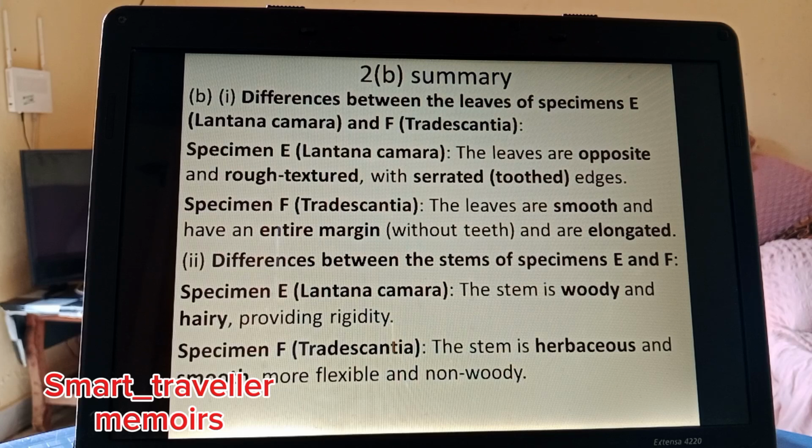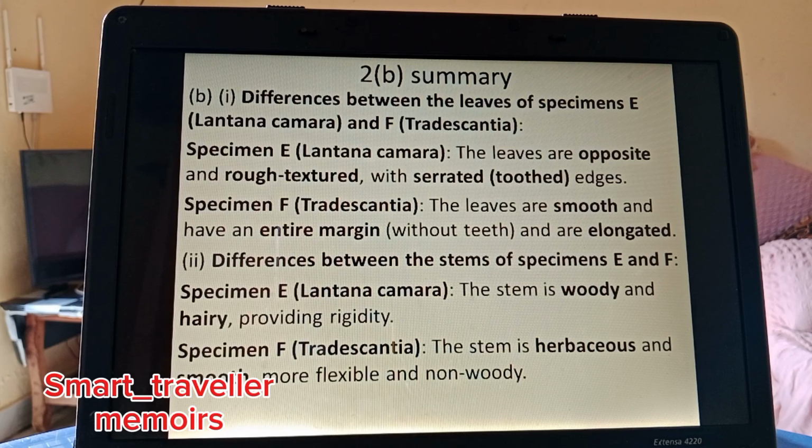Summary of 2B. Differences between the leaves of specimen E, Lantana camara, and F, Tradescantia. The leaves are opposite and rough textured with serrated edges. Specimen F, the leaves are smooth and have an entire margin without the teeth and are elongated.